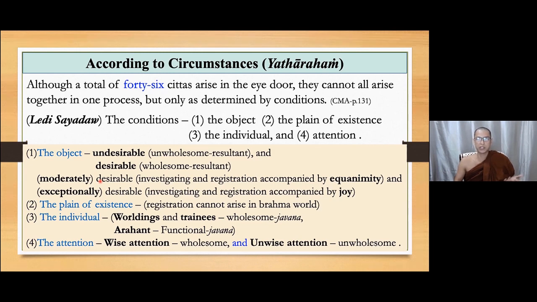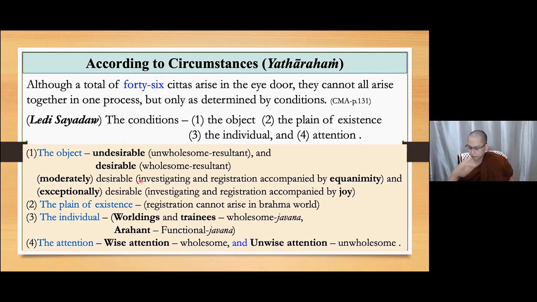We can say this is a special result, called the exceptionally desirable object. If we cannot say it is so special, it is an ordinary desirable object produced by wholesome karma, that is moderately desirable. So at the moment an exceptionally desirable object appears in the mind as an object, the investigating and registration are accompanied by joy. This is the difference made by the condition of the object.